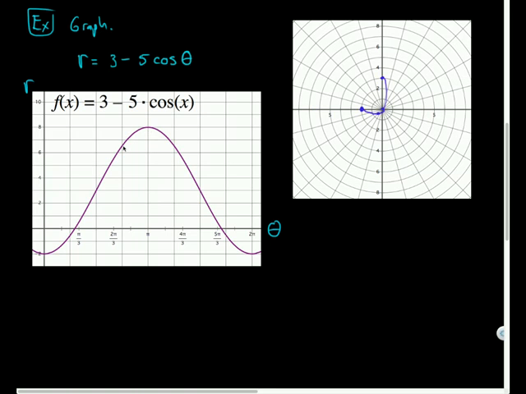At 3 pi over 4, which is this angle, I'll be at 6.5. So here's 6, so 6.5, somewhere like that. And then at pi, I'm at 8. So at pi, I'm a full 8 units. So far it started negative and then it's looped around.